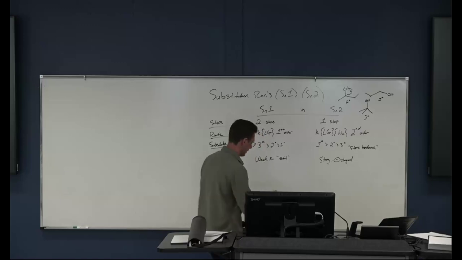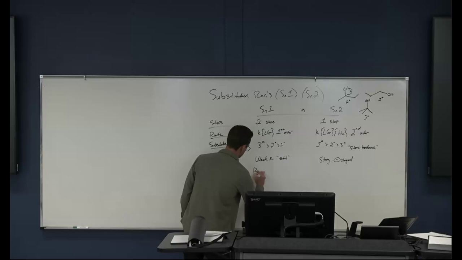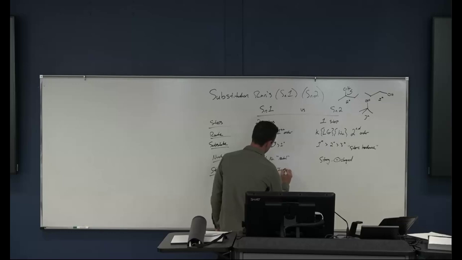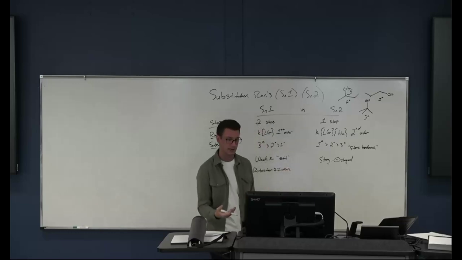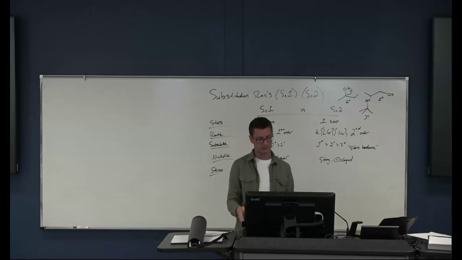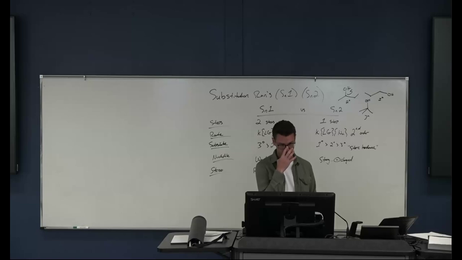So we have retention and inversion, and because of that, we're going to have a mixture of R and S enantiomers of our product. Contrary to that, Sn2 only inverts.